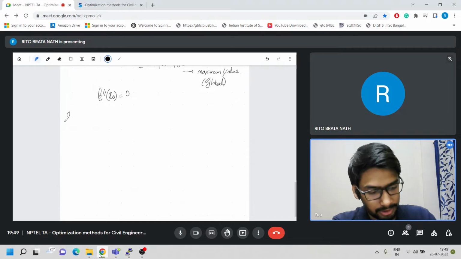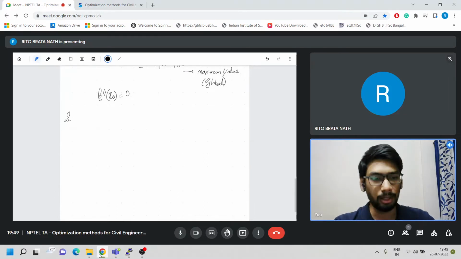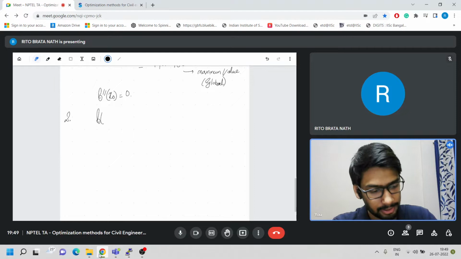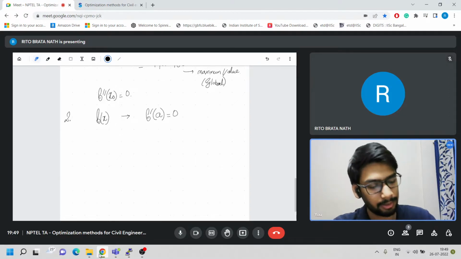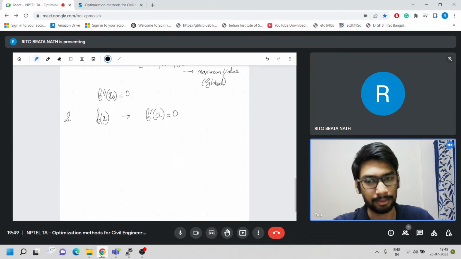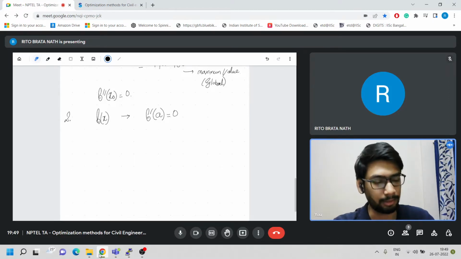I'll explain the second question related to this. Suppose I give you a function f(x) and I tell you that f prime a equals to 0. So at x equals to a, the first derivative takes a value 0.